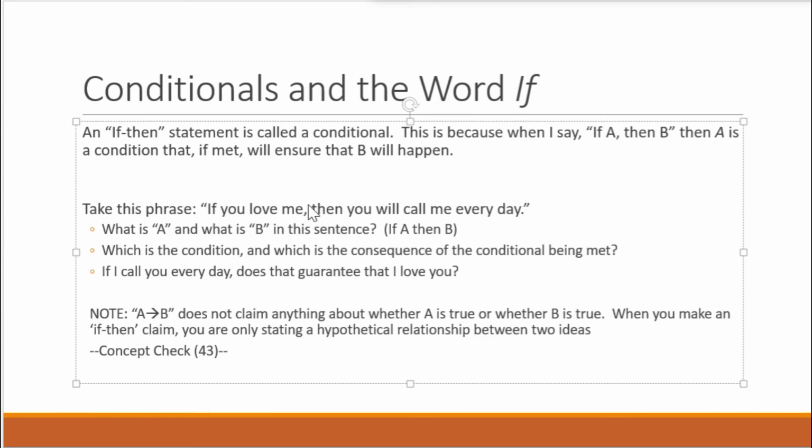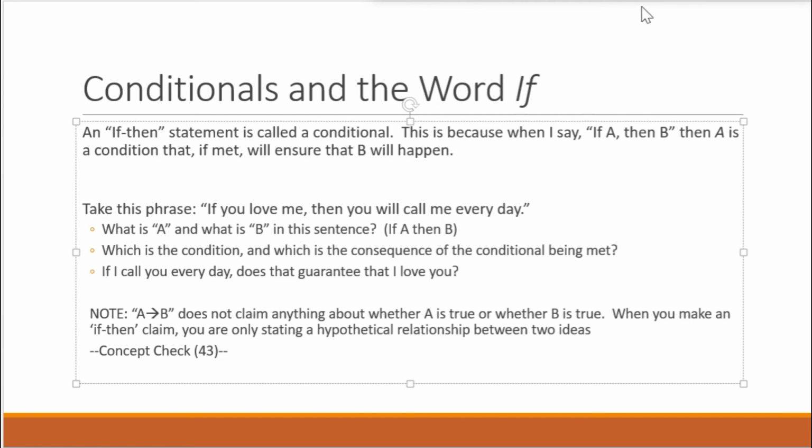So this could be totally true, and I could also not love you and not call you every day. This statement could still be true. Does that make sense? If not, go ahead and write a comment, write a question, get someone else to answer it or talk about it, because that is going to be important as we go on.